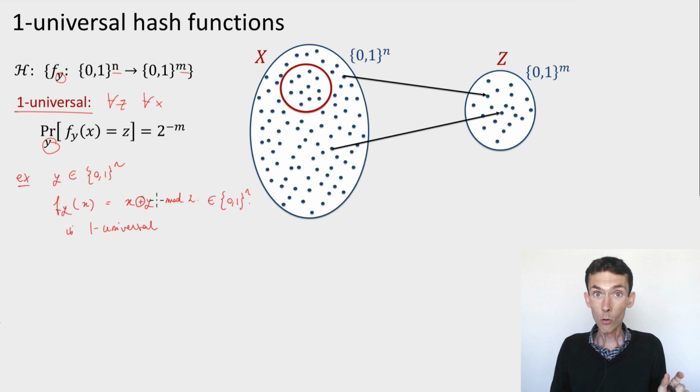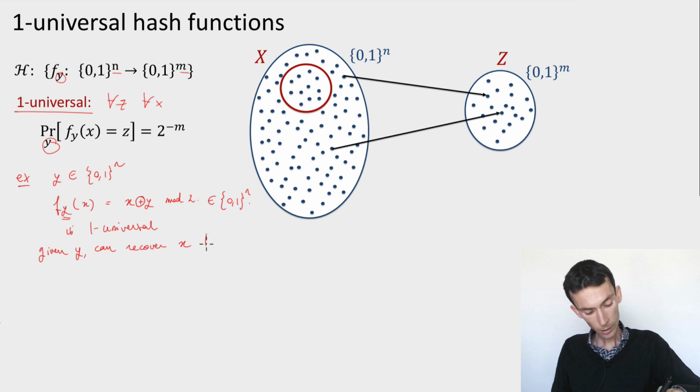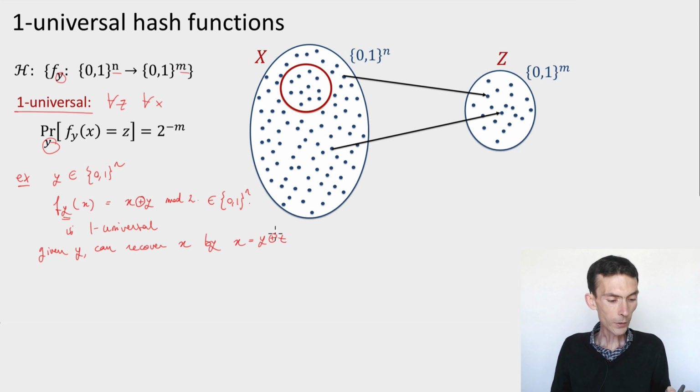Is it secure? No. I claim that this doesn't give us a strong extractor. Why? Because if you're given y, you can recover x, meaning that if this input x has not completely full min entropy, let's say one of the bits if x is fixed, the first bit, then when you're given the output z and the seed y, you want to distinguish this from a uniformly random string, you only have to take the parity, then you recover x and you look at the first bit and you see if it matches your side information or not.